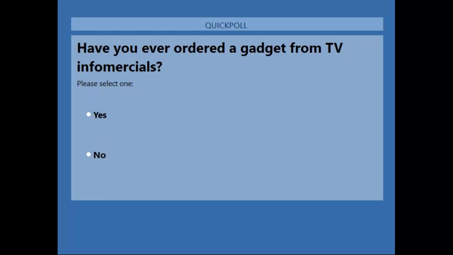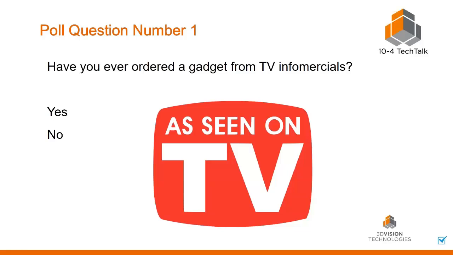Are we allowed to put yes if our spouse has bought something on the infomercials? I believe so. So it looks like actually 100% of you said yes. So I think Scott, that might be where the money is. We have to come up with some gadget that we can sell on TV. Maybe we can sell SolidWorks Flow on the late night shows.